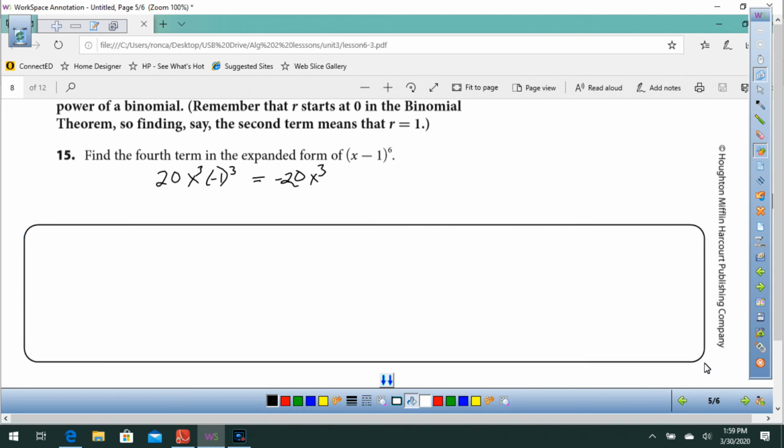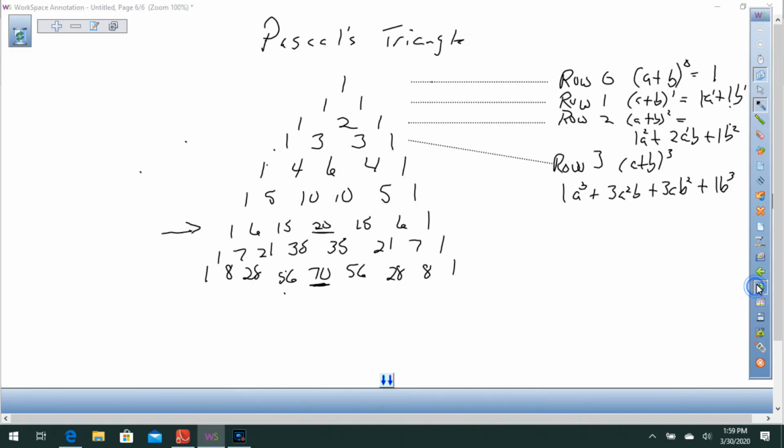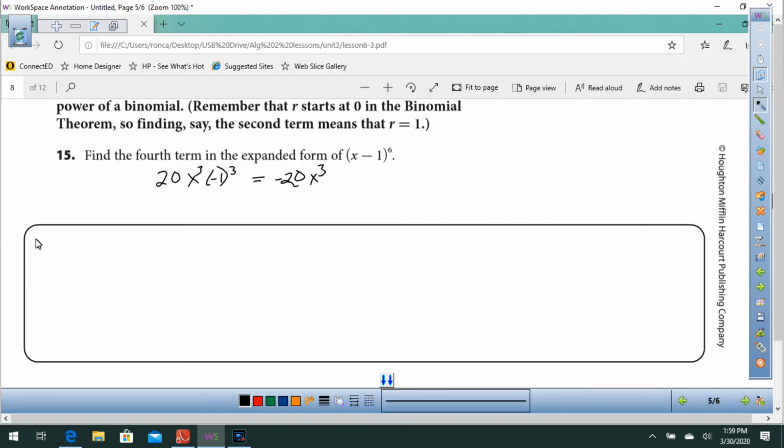Now, just for giggles, let's see how close we actually came to that. We'll just go ahead and expand it out. We have x minus 1 to the 6. So we got 1, 6, 15, 20, 15, 6, 1.